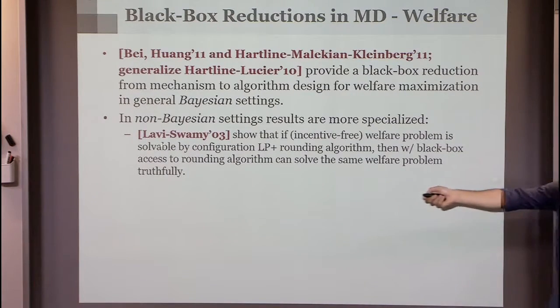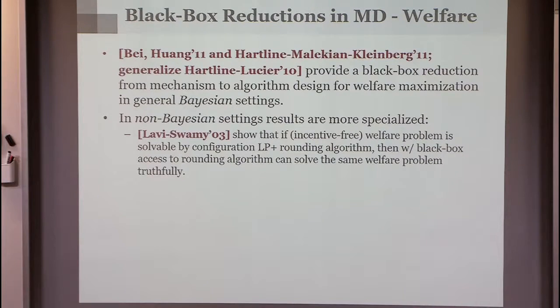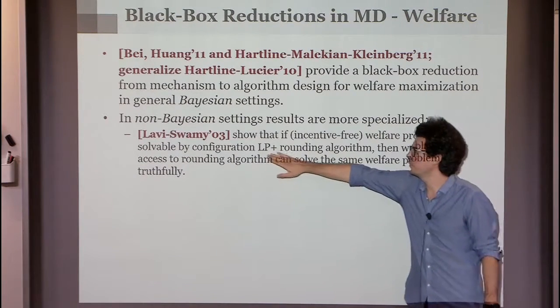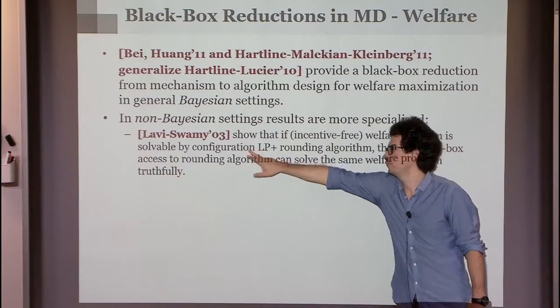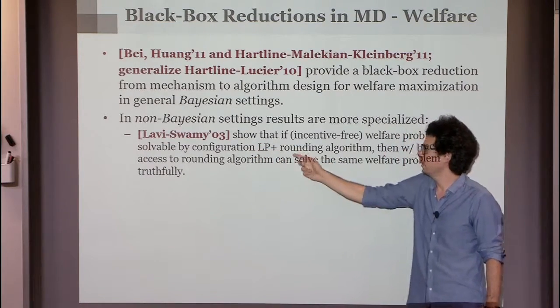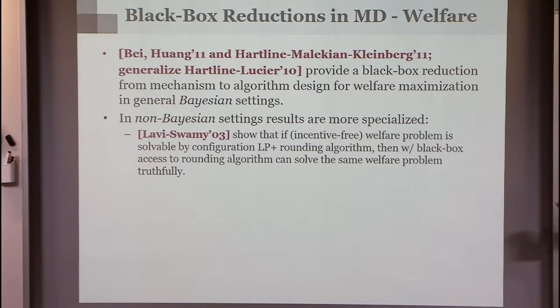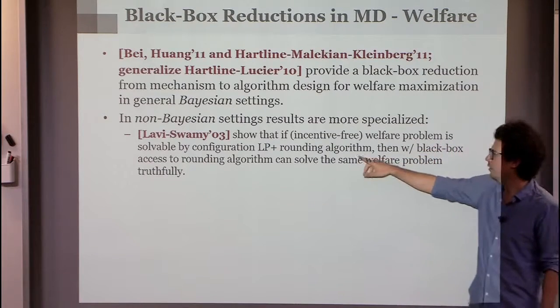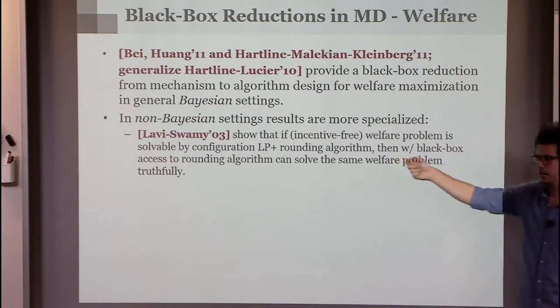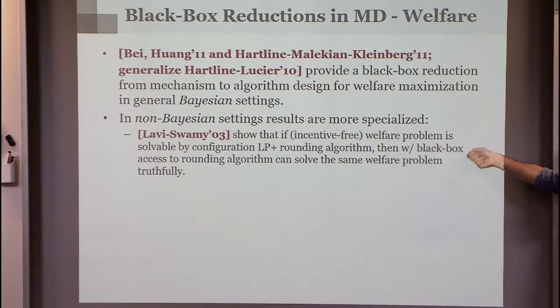A beautiful result by Lavi and Swamy shows that in a non-Bayesian setting, if the welfare problem you're trying to solve can be solved by a configuration LP that would produce a fractional solution, together with a rounding algorithm, then with black box reduction to the rounding algorithm, you can solve the same problem, get the same approximation factor, in the strategic setting.